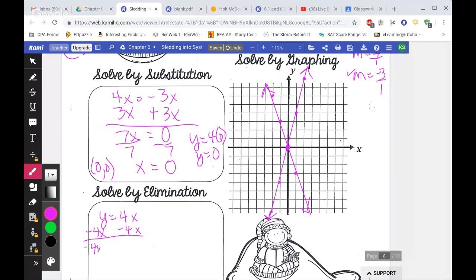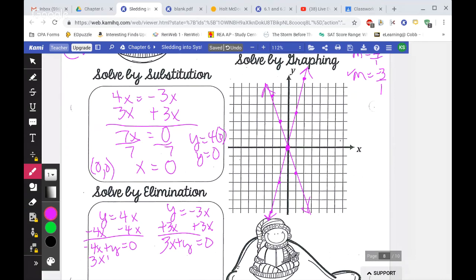And I get negative 4x plus y equals 0. And over here, I have y equals negative 3x. I'm going to add 3x to both sides. 3x plus y equals 0.